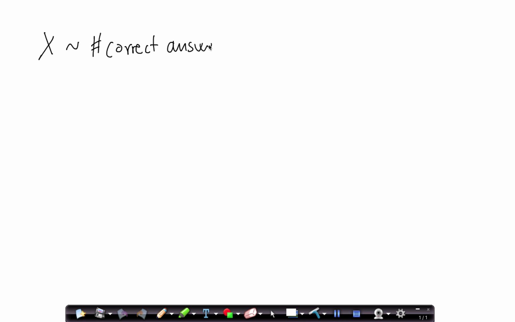So let's just see how this is done. First of all, we formulate that x is the number of correct answers, and that x, furthermore, is binomially distributed with n and the parameter p. In this case, n is equal to 40.